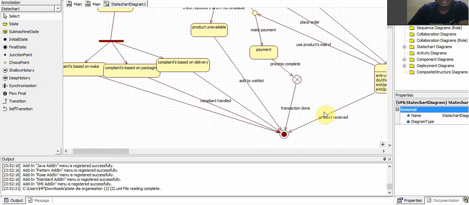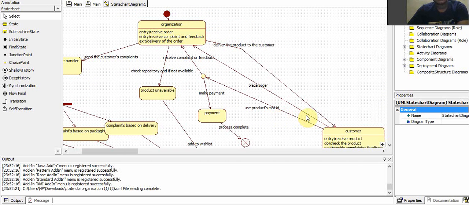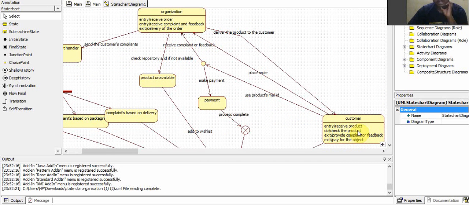Before that, the customer will enter or receive the product. They will check the product and provide the complaint or feedback. All these things are done from the organization submission state to the customer submission state.